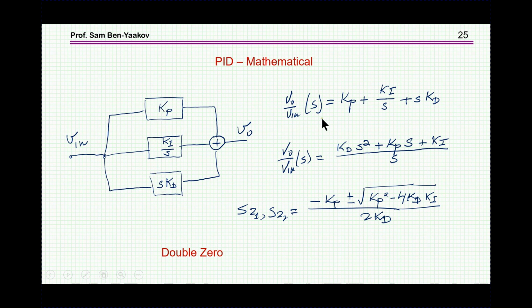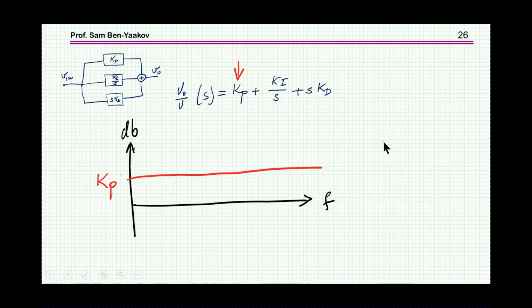If I sum these up and combine them, I get this transfer function. The second order in the numerator divided by S, and of course I can take out the zeros from this second order equation by solving the second order polynomial.